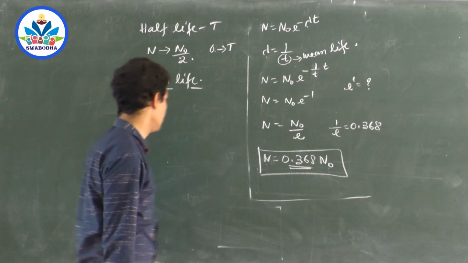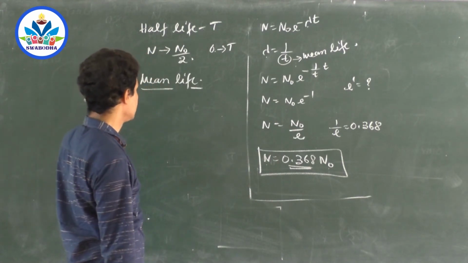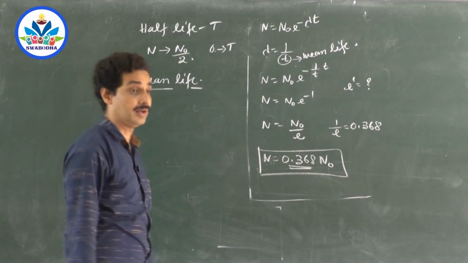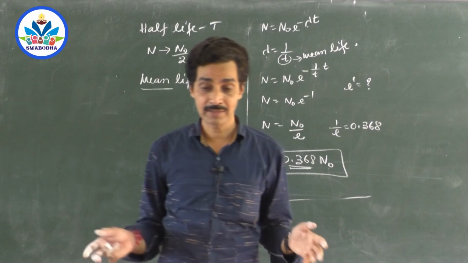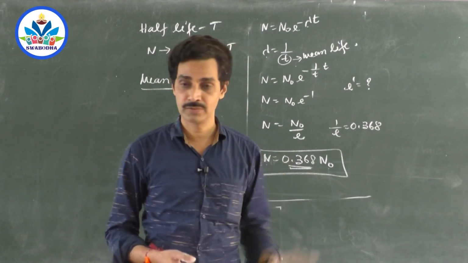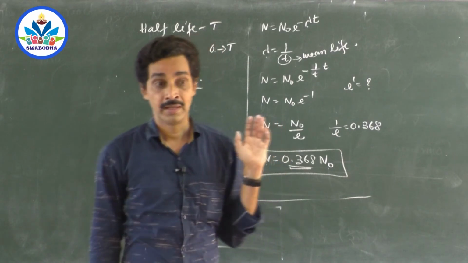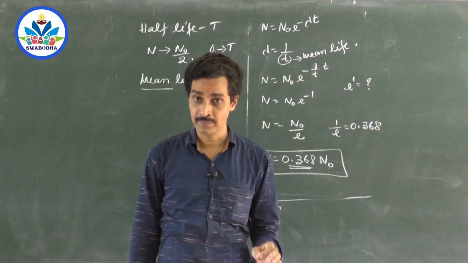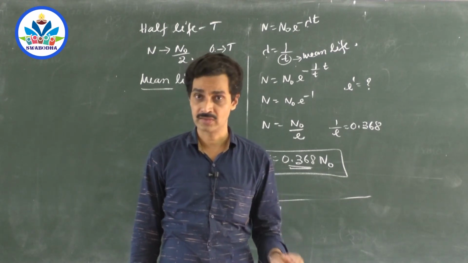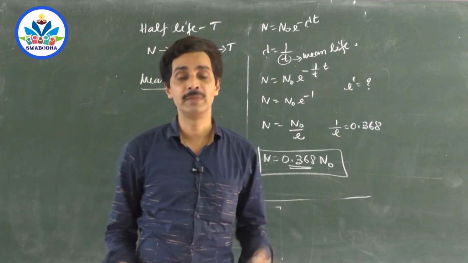In the same way, if 1000 atoms become 500, 500 becomes 250, 250 becomes 125, it will never become zero. That means radioactivity starts at a time, it is a spontaneous process, but it will never end. But the strength of the sample will go on decreasing.